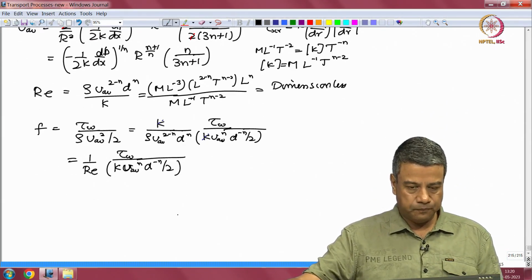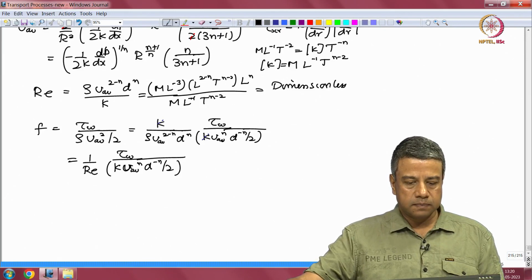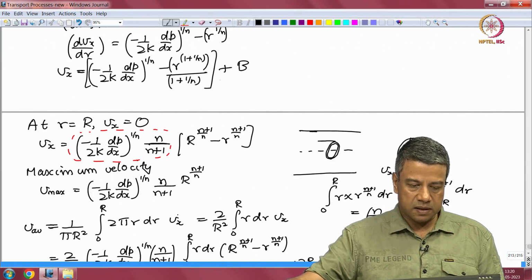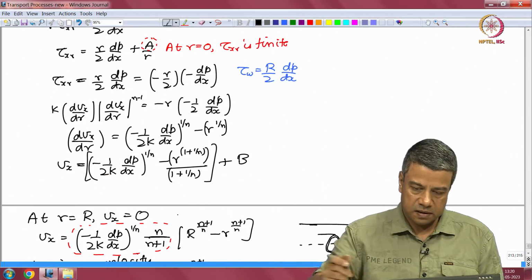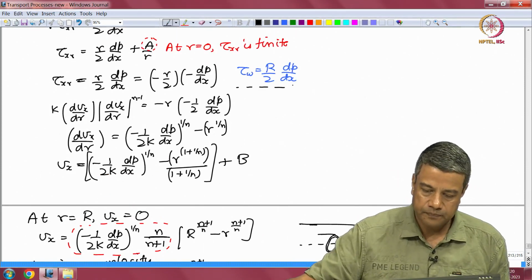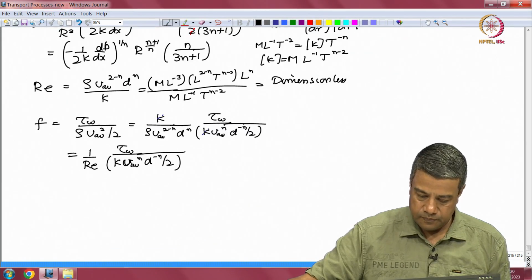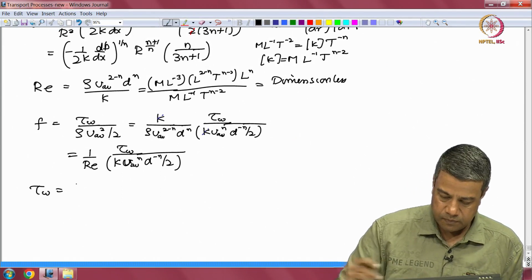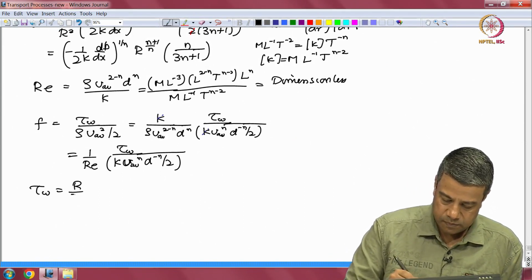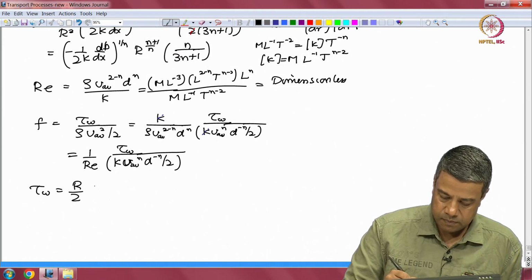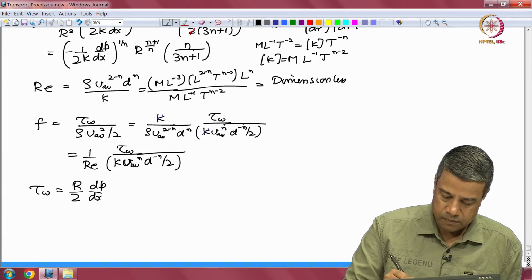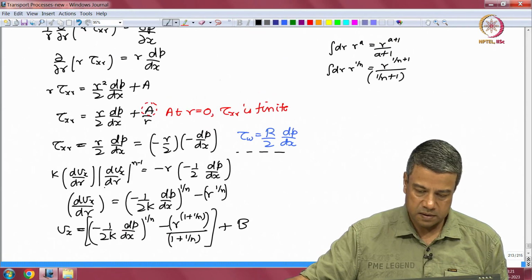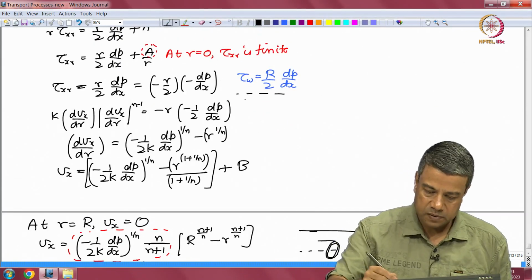And I have the expression for the wall shear stress. I had the expression for the wall shear stress earlier: tau w is equal to r by 2 dp by dx, which was this expression.